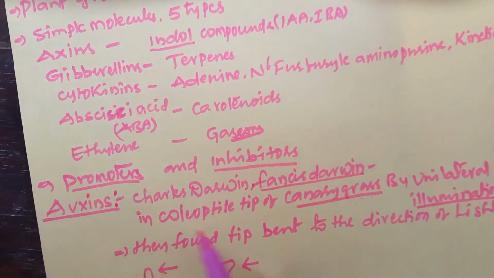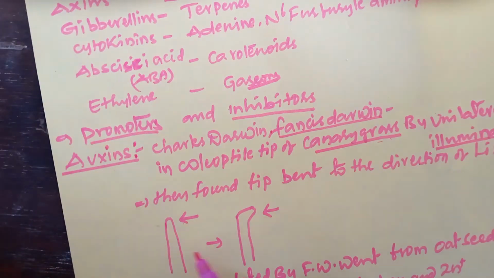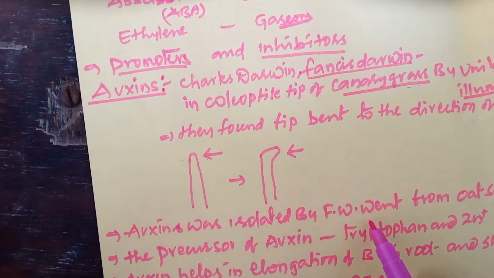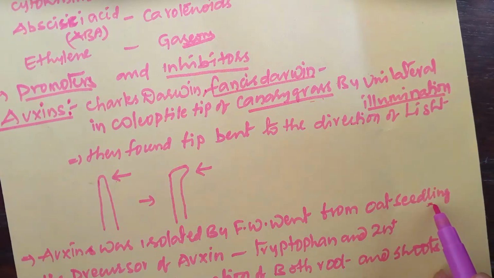Finally they said some factor present at the tip of the coleoptile was stimulated by unilateral illumination, so the bending occurs. Later auxin was isolated by F.W. Went from the coleoptile of oat seedlings.